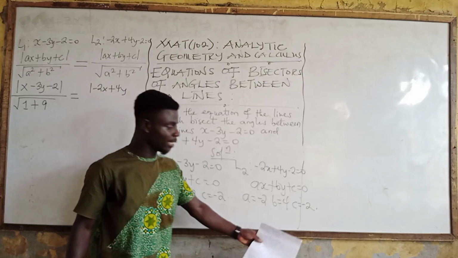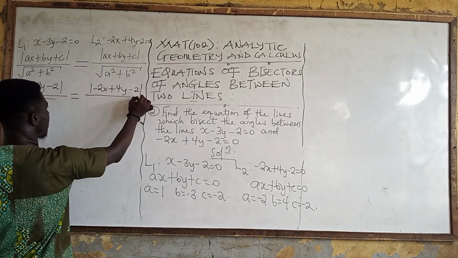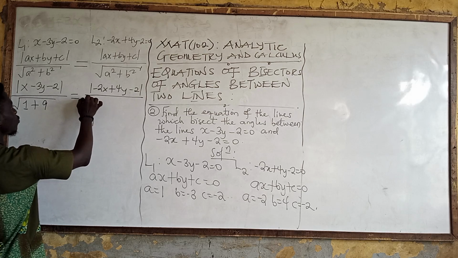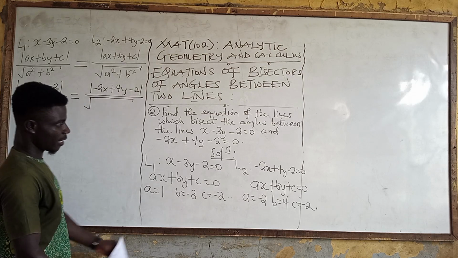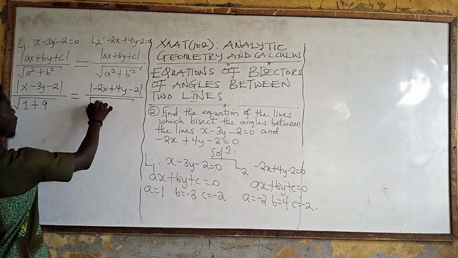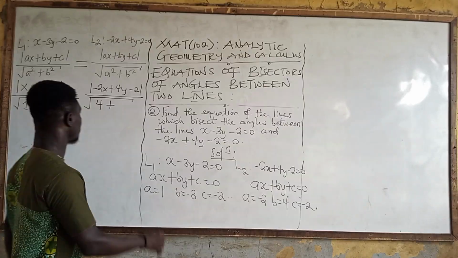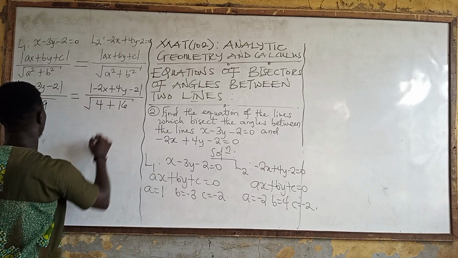Then our c is negative 2, so we get negative 2 divided by square root of a. A is negative 2, so negative 2 whole squared, we get 4, plus b, which is 4 all squared, we get 16. So we have this.